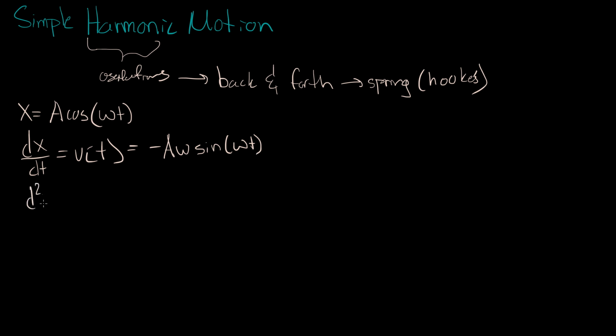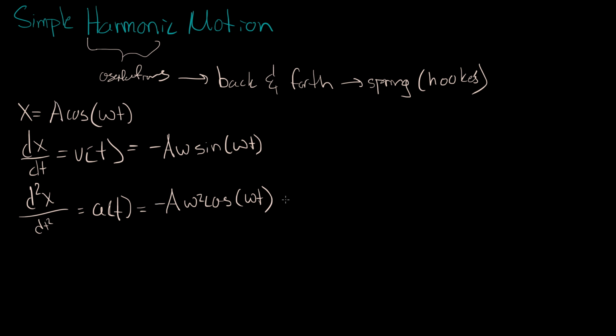And then if we take the derivative again, this is going to give us the acceleration at any given point in time t. We're going to get negative a omega squared cosine omega t. And if we look at this, we'll see that this second derivative is based on x.